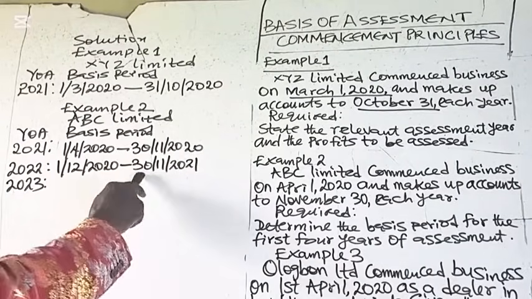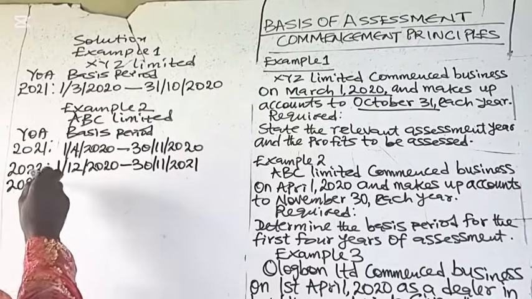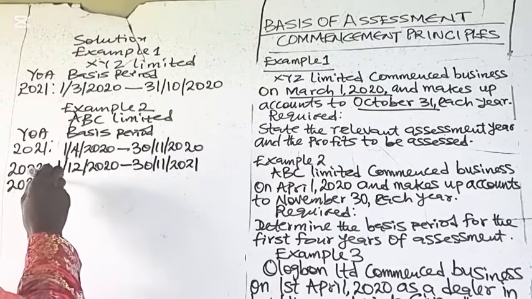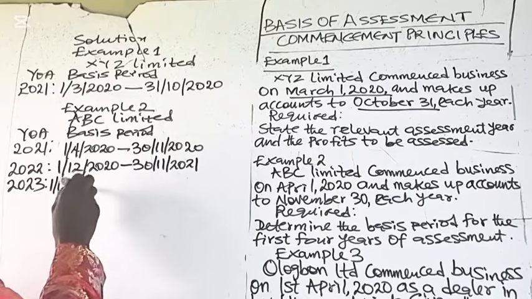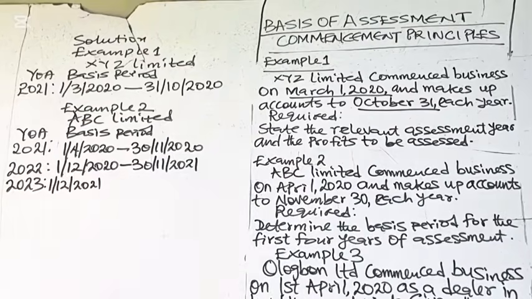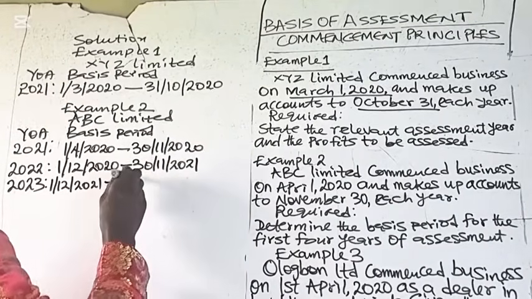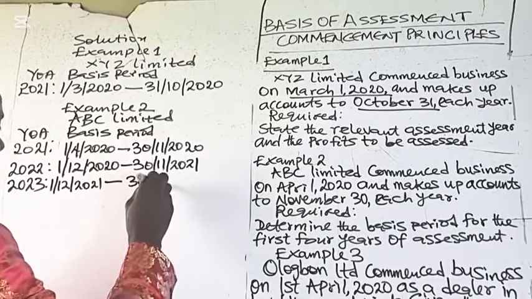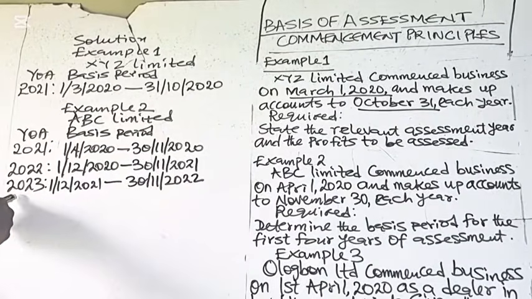The accounting period just ended is 30th of November 2021. The first day after that date will be 1st of December 2021, to the end of the next accounting period, which will end on 30th of November 2022, which is still the preceding year of 2023.